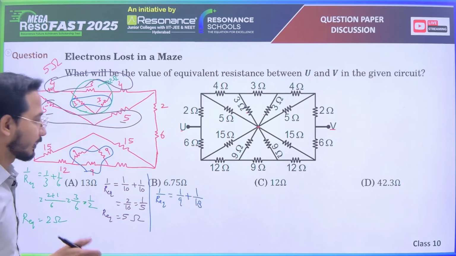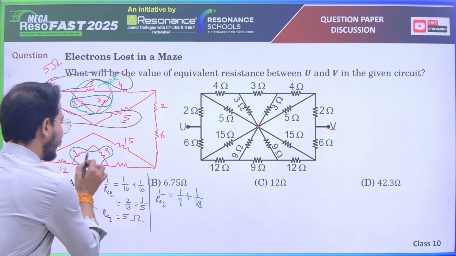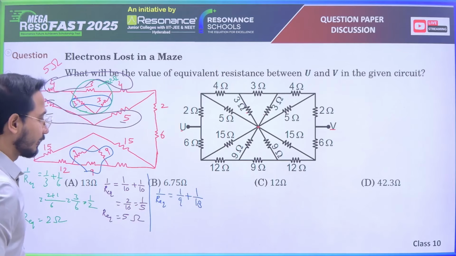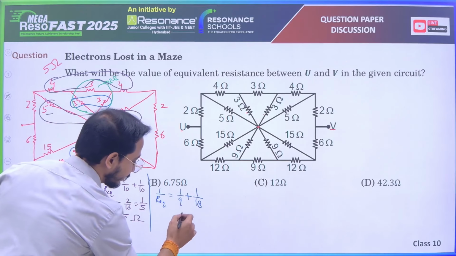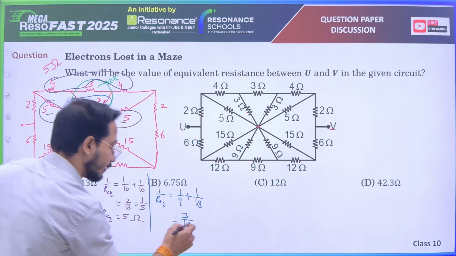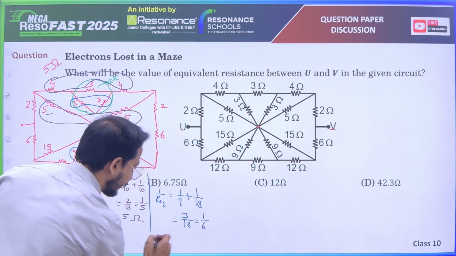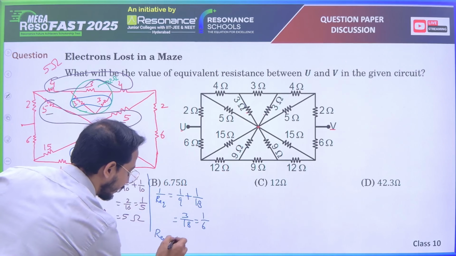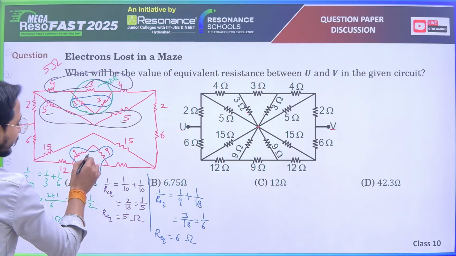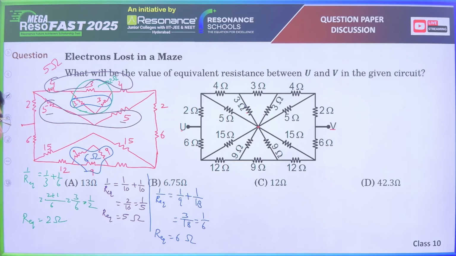I hope it is clear why it is 18: 9 and 9 are both in series. So 1 by 9 plus 1 by 18 is 3 by 18, which is equal to 1 by 6. So R equivalent over here is 6 ohm, right?